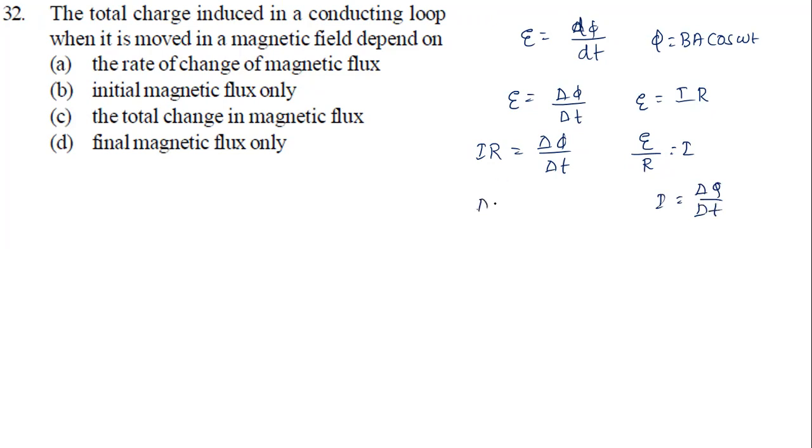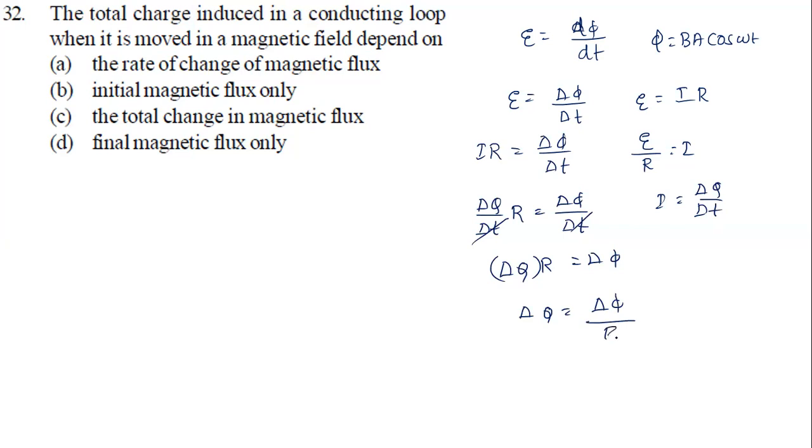So delta Q by delta t times R equals delta phi by delta t. Delta t cancels, so delta Q times R equals delta phi. Then delta Q equals delta phi by R.